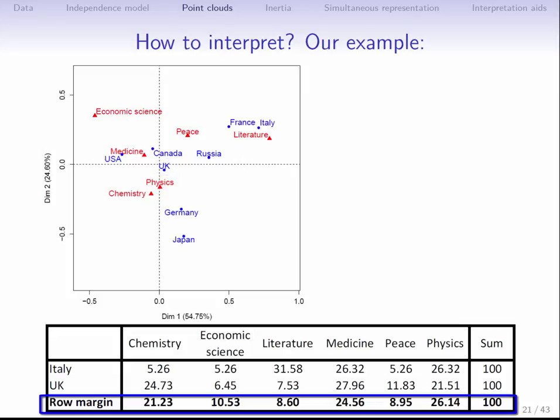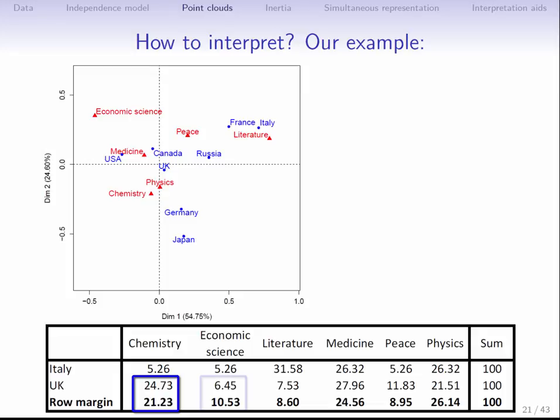We can see that it's pretty close: 25% versus 21%, 6% versus 11%, 8% versus 9%, 28 versus 25, 12 versus 9, and 22 versus 26%. Clearly the UK's profile is close to the mean profile. On our graphical output, this means that the UK ends up close to the origin.